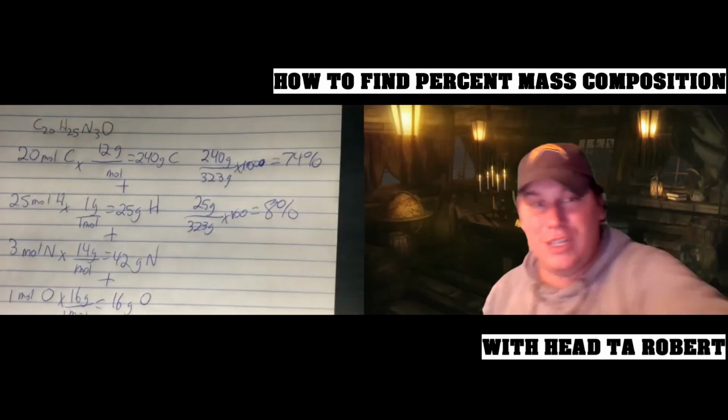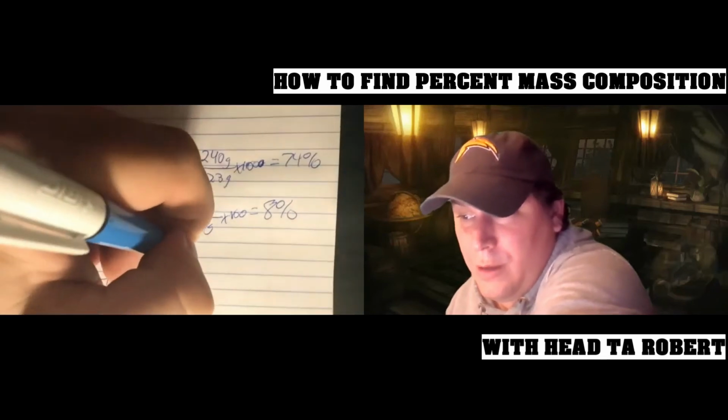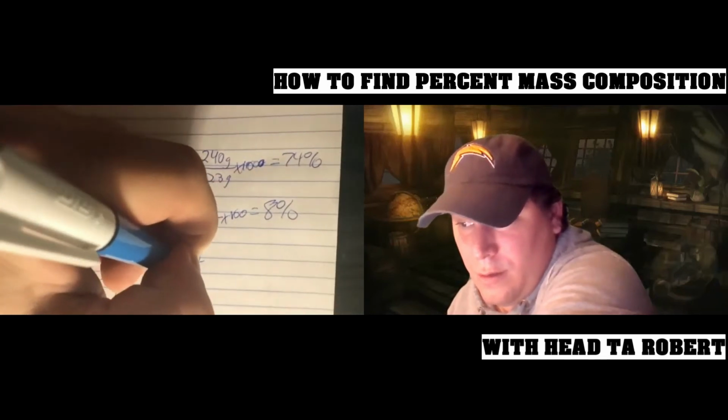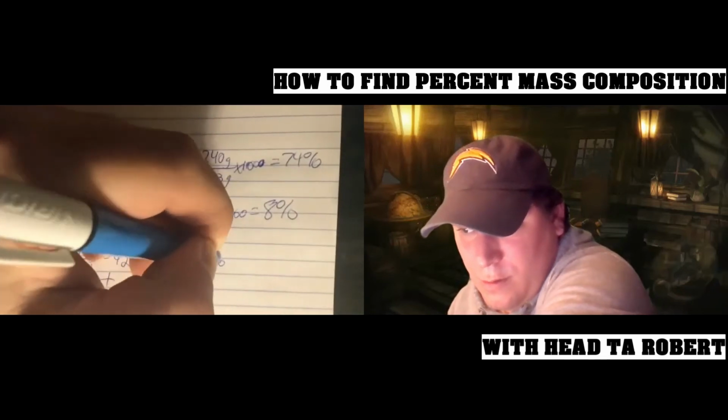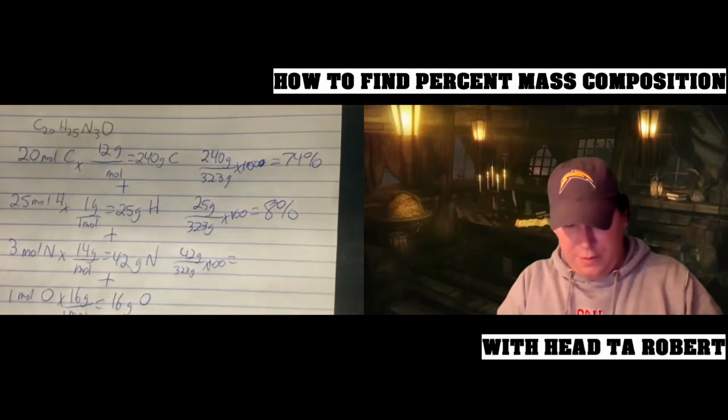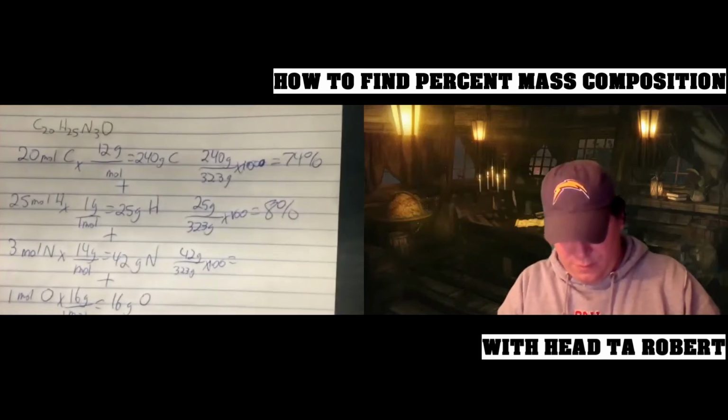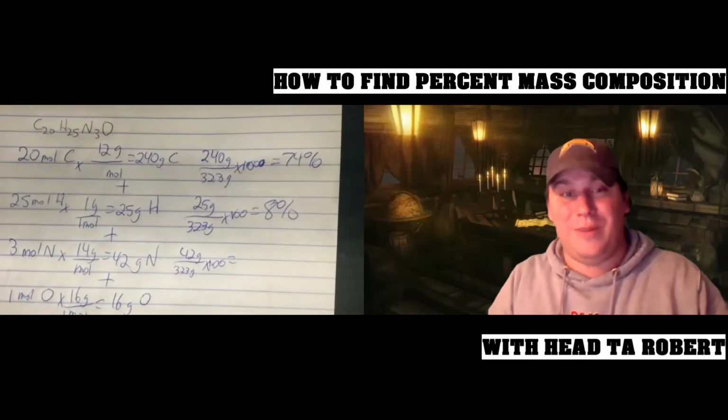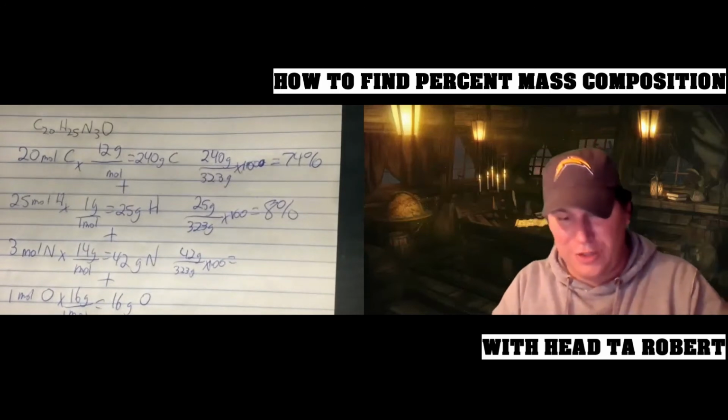All right, now nitrogen is just 42 out of 323. Right? 42 divided by 323, enter, times 100, enter.